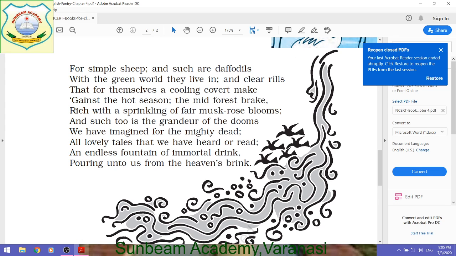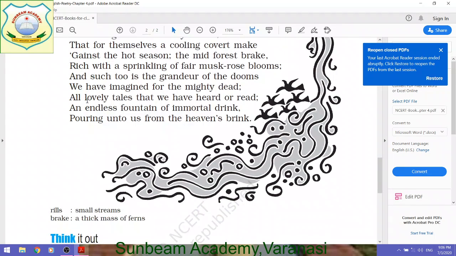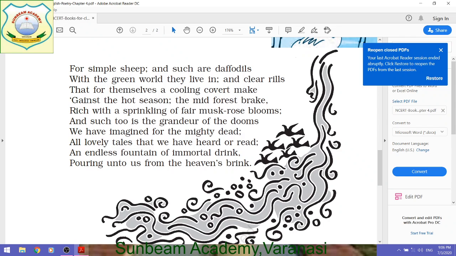Apart from that, we will discuss all the textual questions and some important extracts, so that you can prepare yourself for the board examinations in a better way. So first of all, let us start the remaining part of the poem and its explanation.